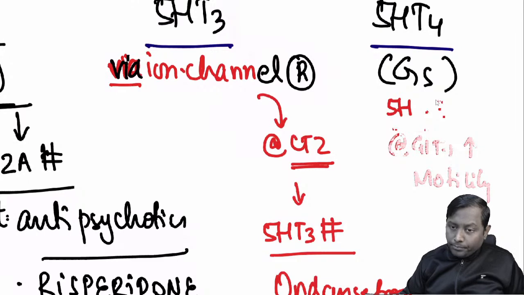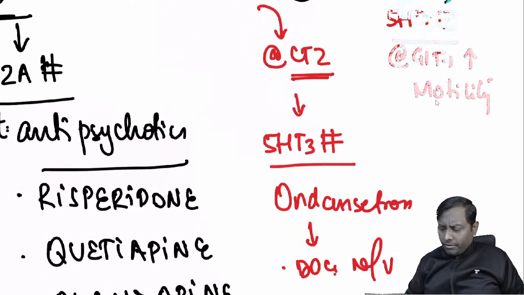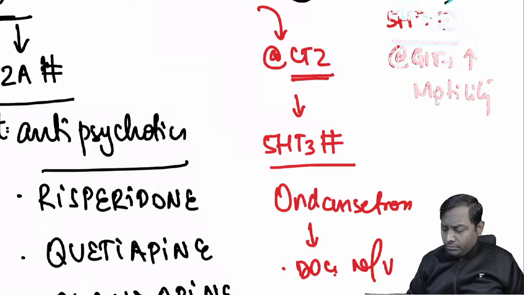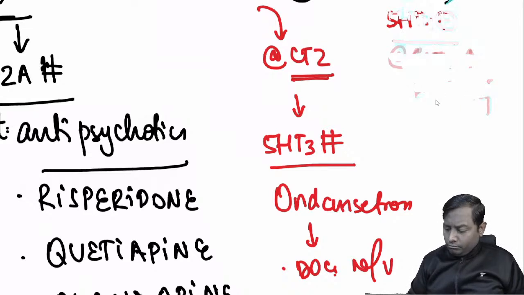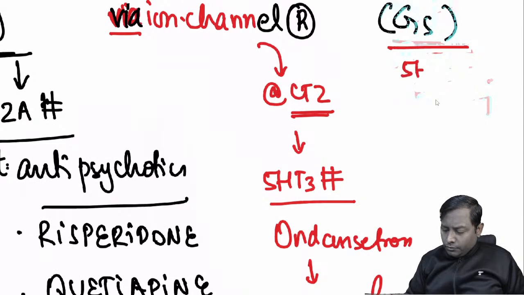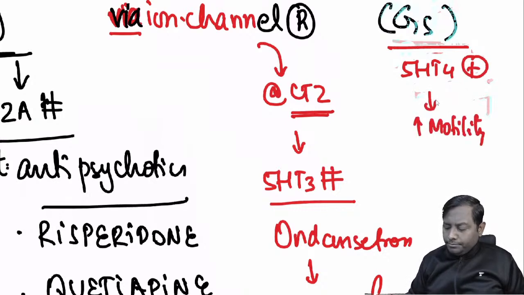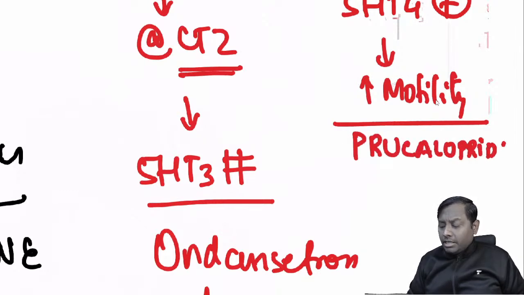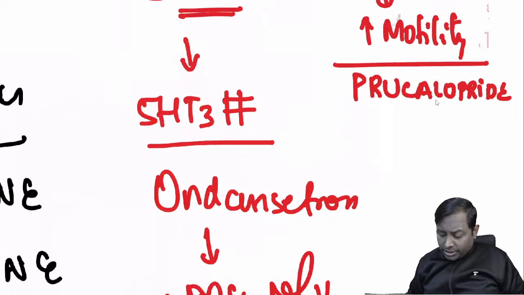We use 5HT4 agonists, and they increase intestinal motility. We had other drugs in the same class, that is cisapride, mosapride, tegaserod. We are not using them because of the risk of QT prolongation.